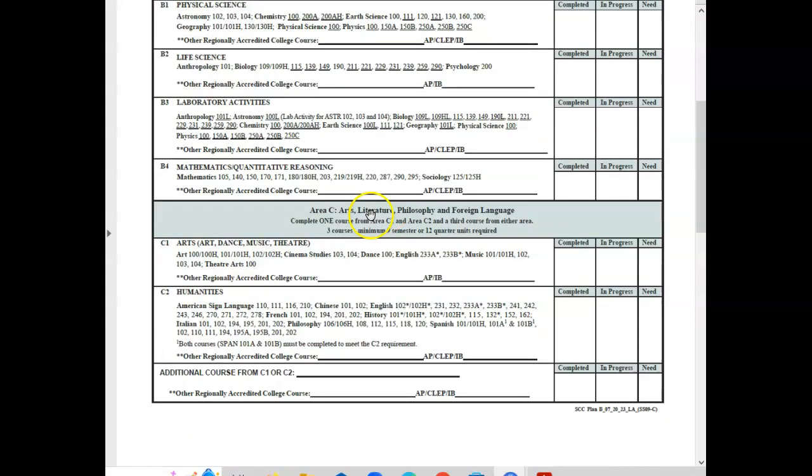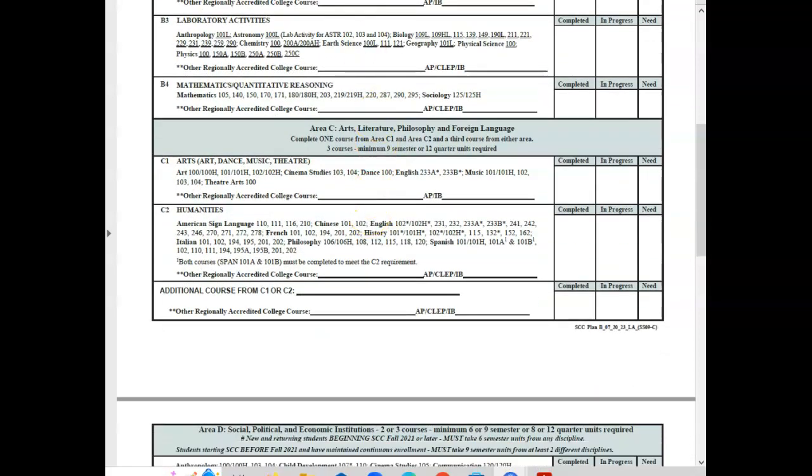Okay, so moving on to Area C. This is Area C, Arts, Literature, Philosophy, and Foreign Language. You need a total of 3 courses for 9 units total, and the units are coming from C1 Arts, one class you need to pick, and then another class in Area C2, Humanities, and the third class you can choose from Area C1 or C2.